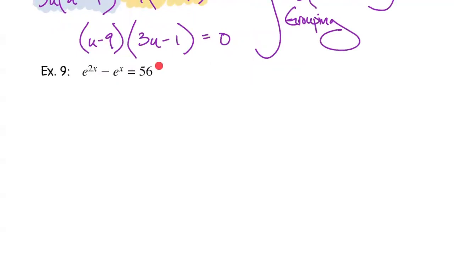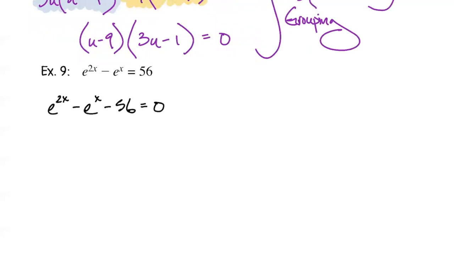I'm going to take this 56 and subtract it to the right-hand side. When I do that, I get e to the 2x minus e to the x minus 56 equals 0.